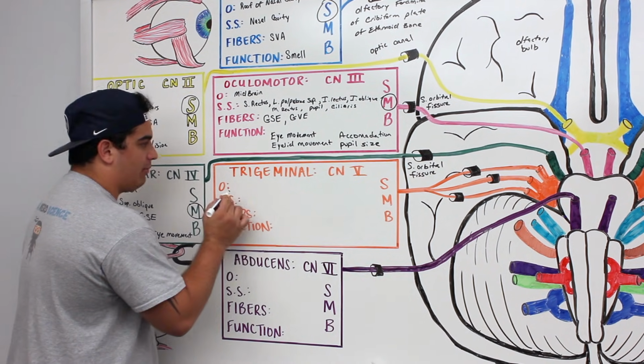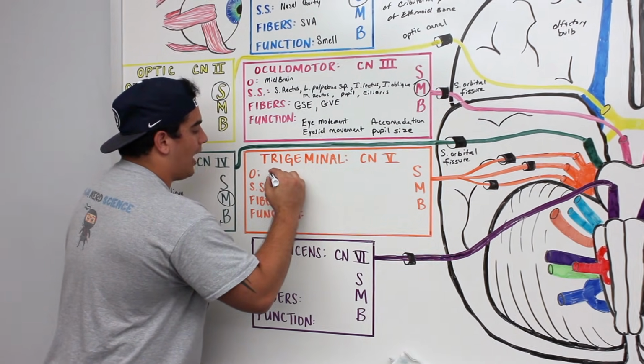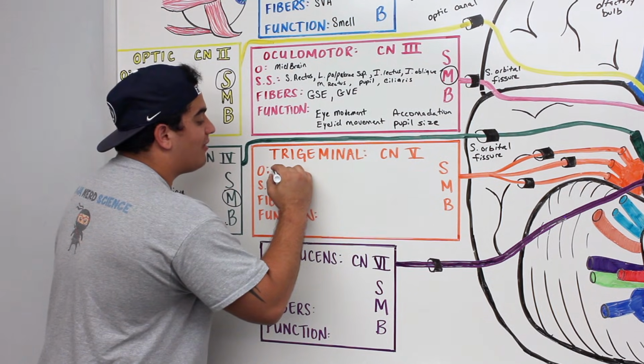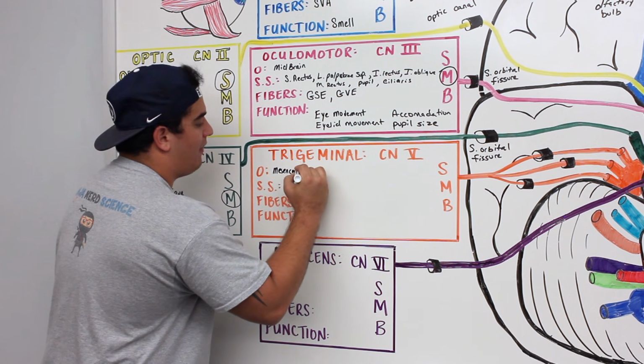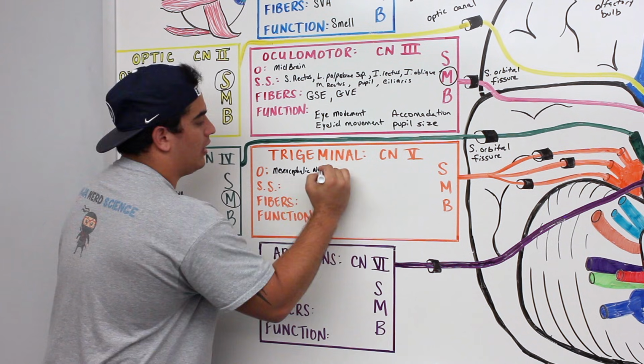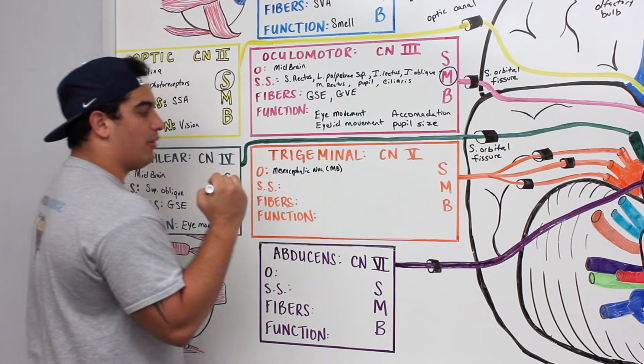But here's what's really interesting. Remember we said that the trigeminal nerve had a couple different nuclei. So it had what's called a mesencephalic nucleus, right? That was located within the midbrain. I'm going to put MB for midbrain.